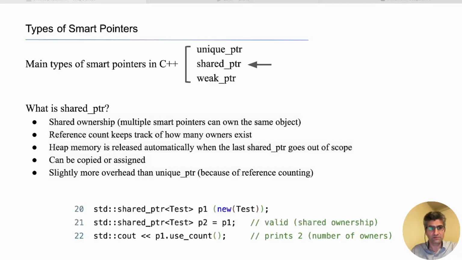If one of them goes out of scope, the object still stays alive because the other one still owns it. The heap memory is only released when both p1 and p2 are gone. So shared pointer is really useful when we need shared ownership, for example in graphs, trees, or observer lists.